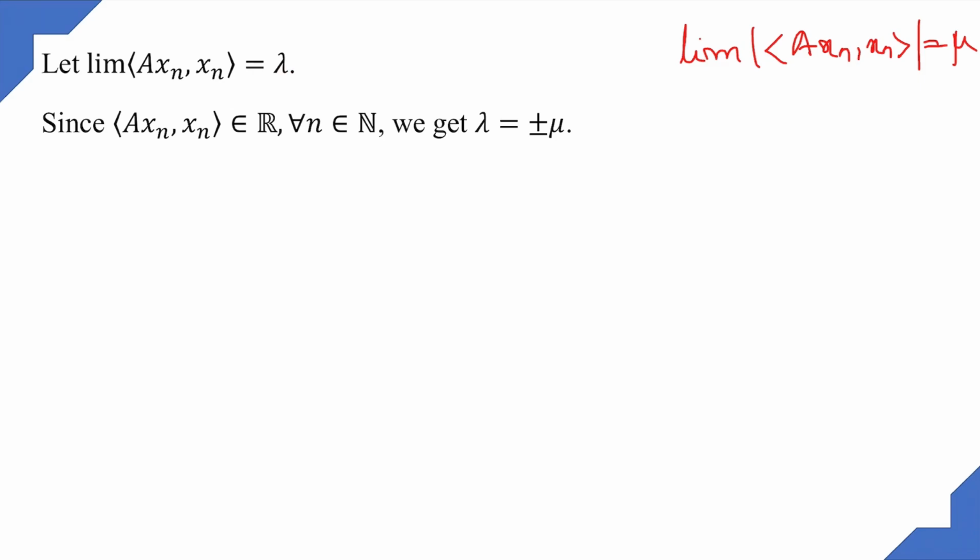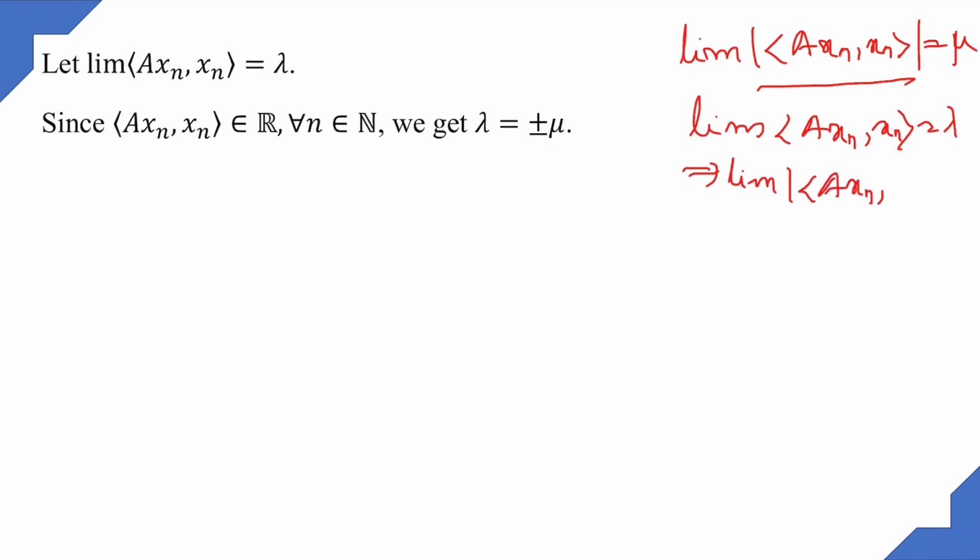We know the absolute value of inner product Axn, xn converges to mu. Suppose limit of inner product Axn, xn equals lambda; this implies the limit of the absolute value of inner product Axn, xn is nothing but mod lambda, but we know that this limit is equal to mu, so mod lambda is nothing but mu.